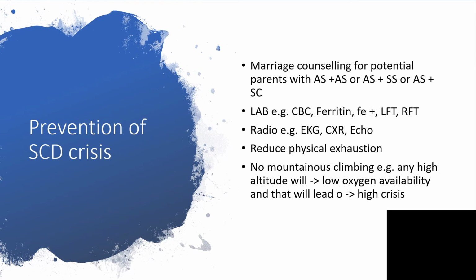Okay, marriage counseling for potential parents with AS and AS, or AS with SS, or AS and SC. Then someone is asking, how about AA and SS? That's a good combination. The outcome will all be AS.